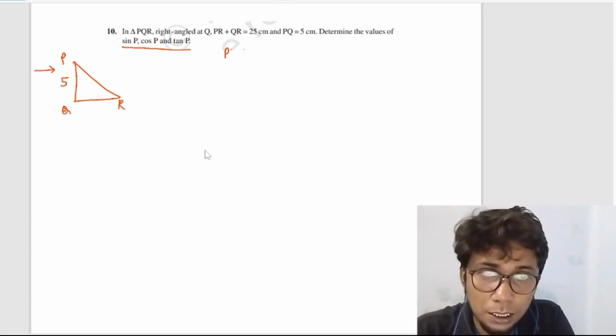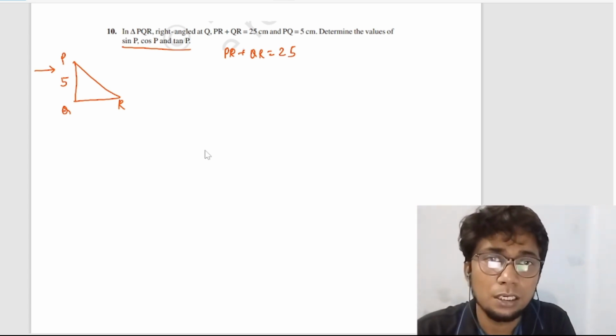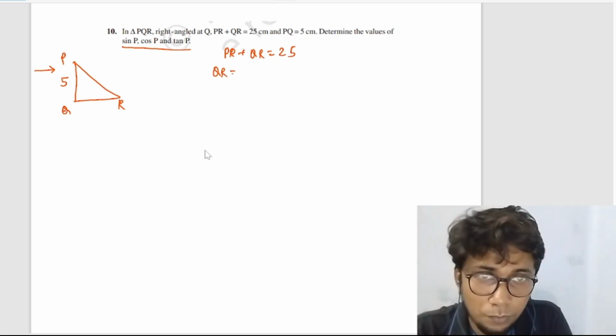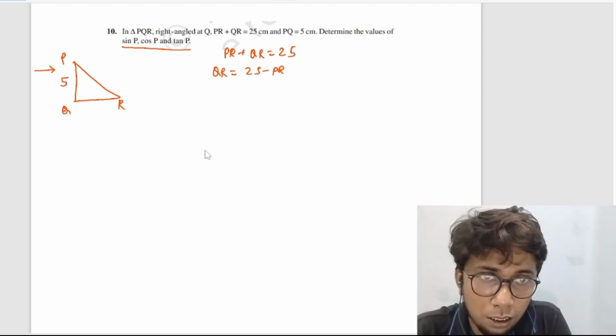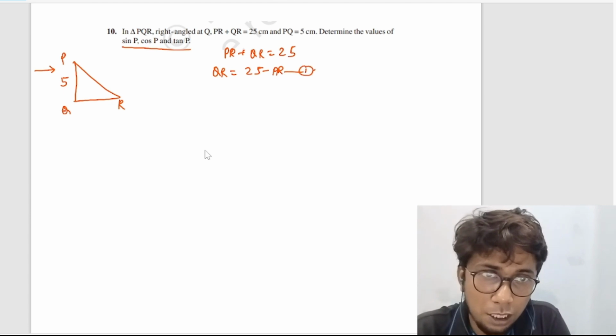And PR plus QR is nothing but 25. Alright. So what can we say? Can we say that QR is nothing but 25 minus PR? We can say this, right? Let's name this as equation 1.